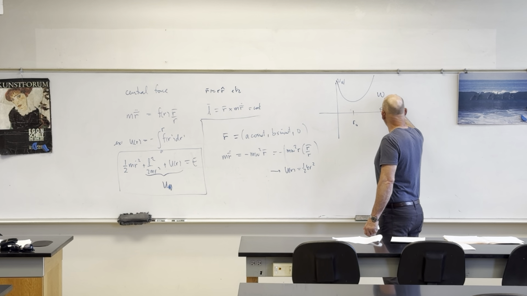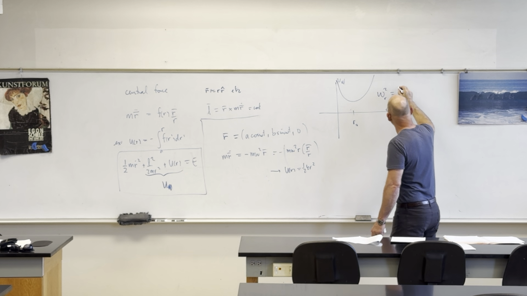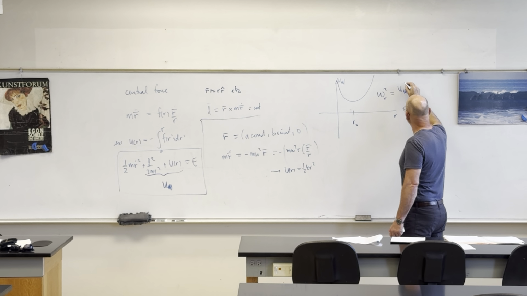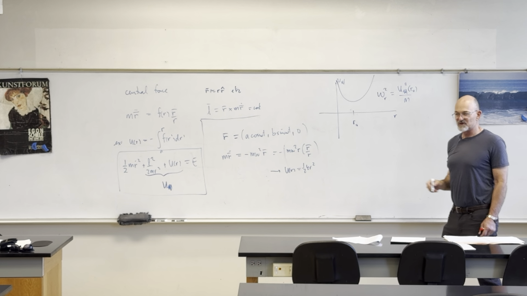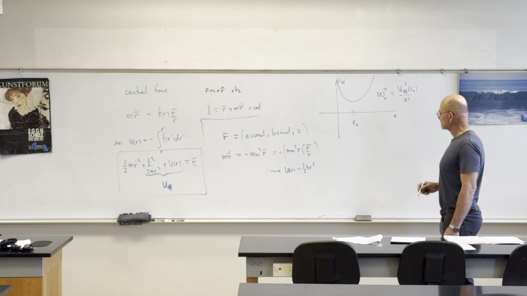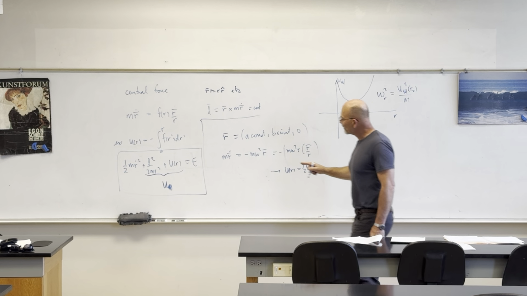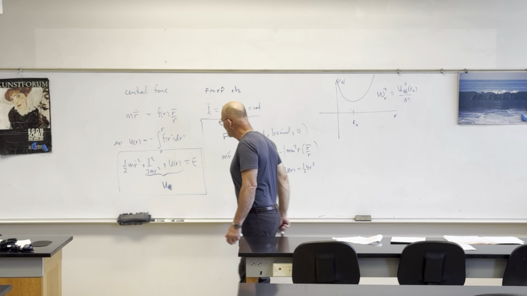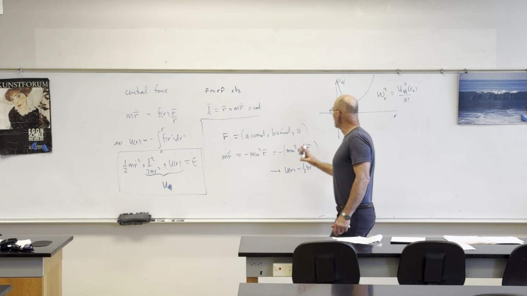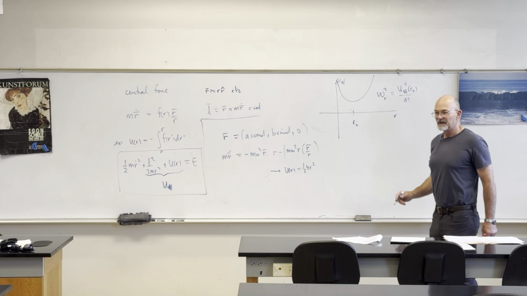So I'm just going to write omega sub r squared equals the second derivative at r0 divided by m. Just small oscillations theory. So again, this was a case where we had this form here, and we can immediately write down the answers.